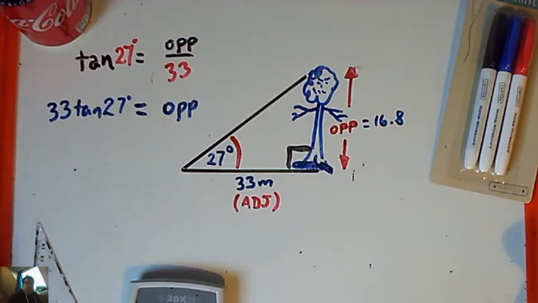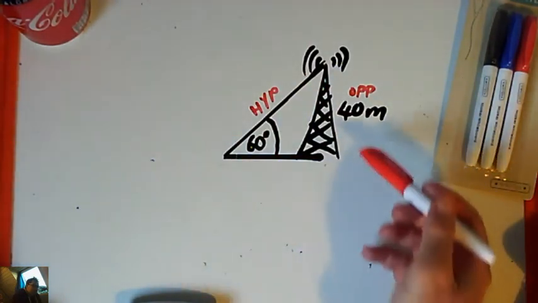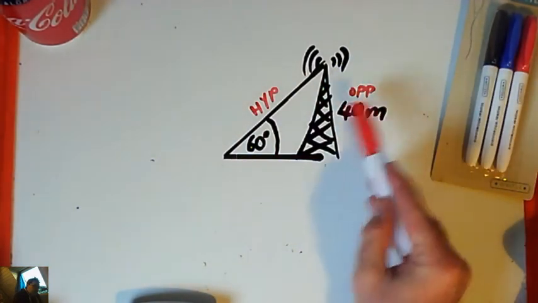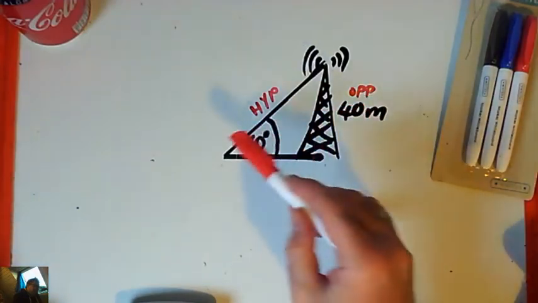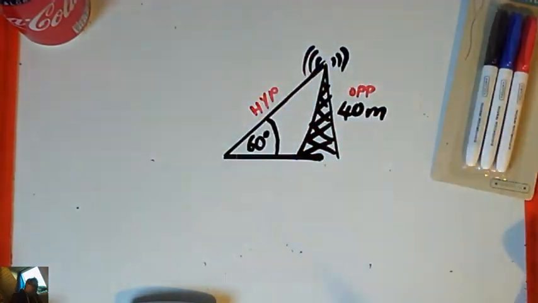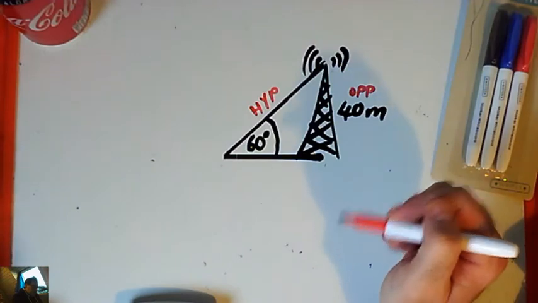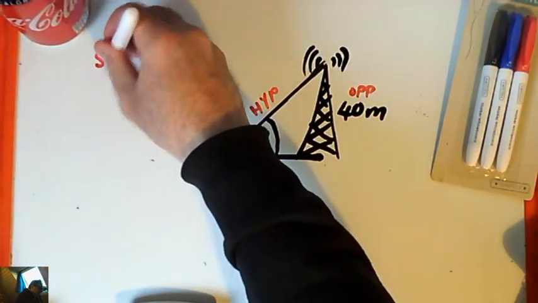Okay, so it says to do them to the nearest meter, and then we'll look at this one about a radio mast. So with a little bit of artisticness there, I've drawn the radio mast 40 meters high, so that's opposite the 60 degree angle. The hypotenuse is the cable, the length of which we're trying to figure out. So we've got a problem that involves opposite and hypotenuse. So that's sine.